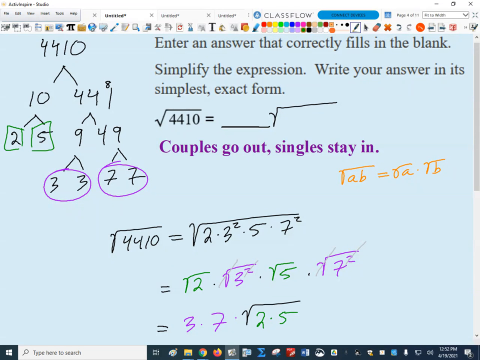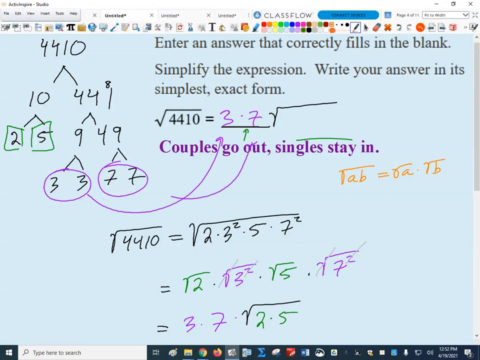So then we know that the couples go out. The couples are going to go out of the radical into the front of the radical. I had a couple of 3s, and so I get a 3 out front. Not both 3s, just one of them. Whatever I have a couple of, that's the number that goes out front. So a couple of 3s gives a single 3 out front, and a couple of 7s gives a single 7 out front.